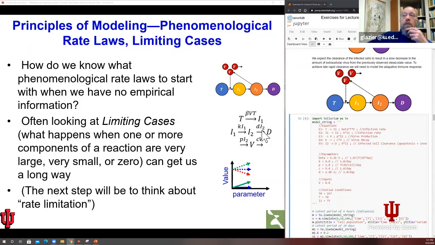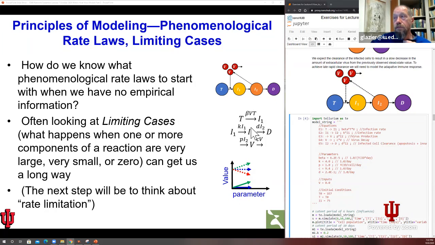When you don't know what's going on in detail, the most important thing to do is to think about limiting cases. The concept of a limiting case is what happens when some parameter or some variable is very small or very large. Because very often we can have a reasonable idea of what should happen in those conditions.